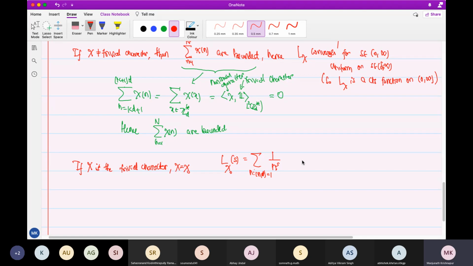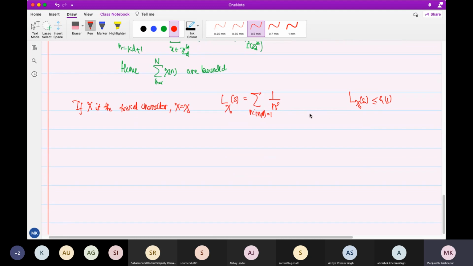Okay, so it won't make much of a difference because, on the one hand, this is clearly less than or equal to zeta of s, right? On the other hand, this is also greater than or equal to something. So what are the things that are not coprime to d?